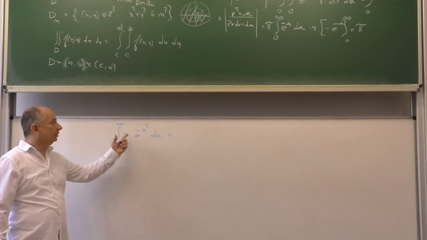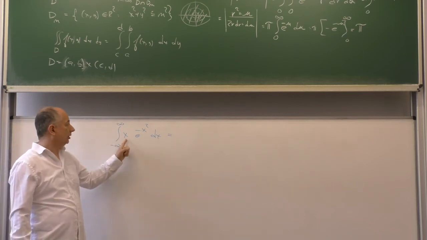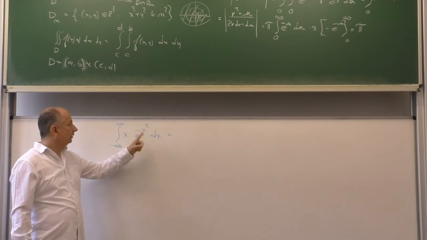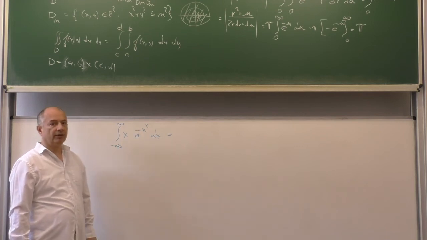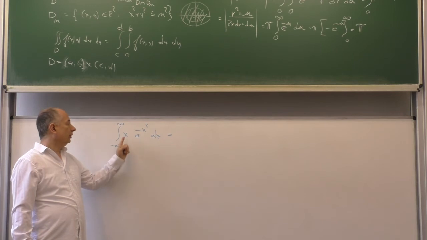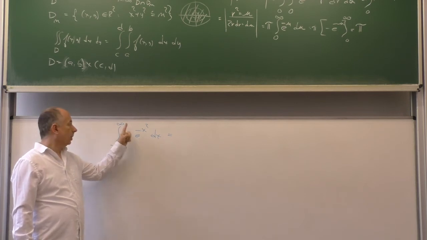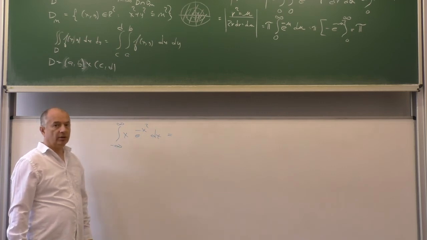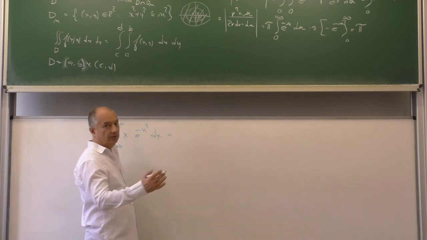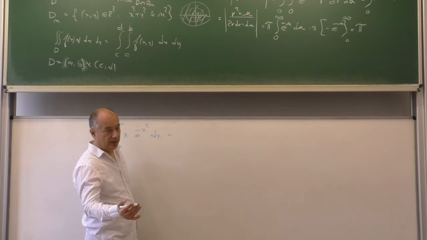Now, it looks more complicated than the previous one because we multiply by x. But for this, we can find the antiderivative. Or you can think that this is an odd function integrated over a symmetrical interval, so the result is, yes, 0.